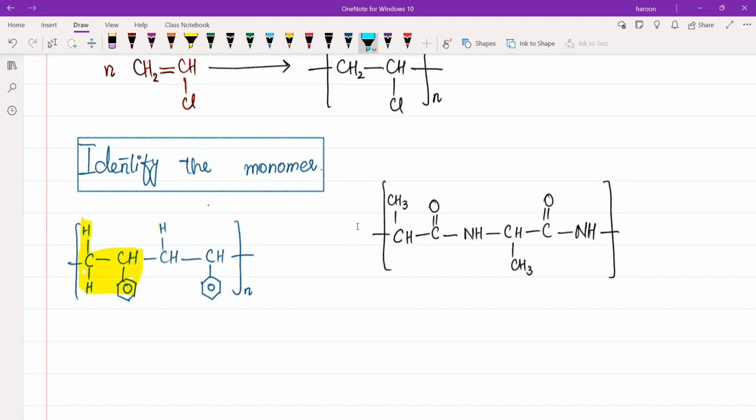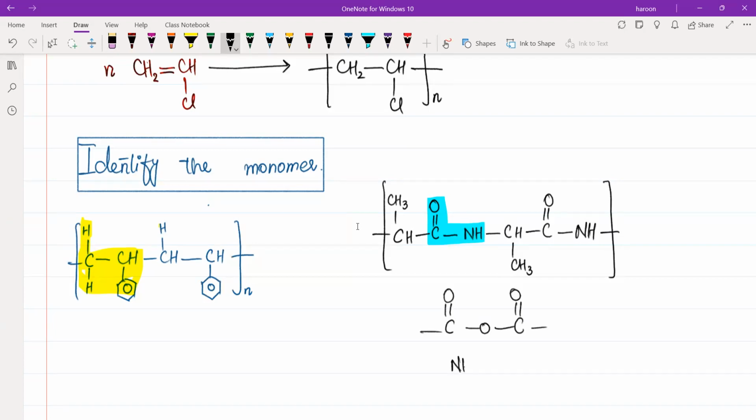Okay, it can be a question: how can we identify whether it is condensation or addition? Anywhere you are getting C double bond O and OH, it is condensation. If you are getting C double bond O, C double bond O, this type of situation, it is also condensation.